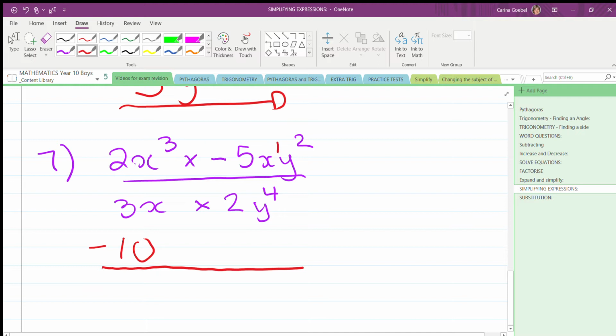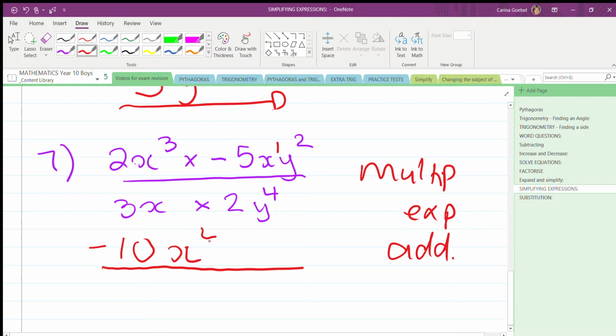We will be multiplying these two, so we have to add our exponents, because this sign tells you multiply. So 3 plus 1 is going to give you x to the power of 4. There's no other y, so we'll just leave that y squared.